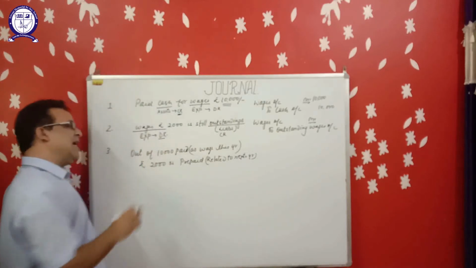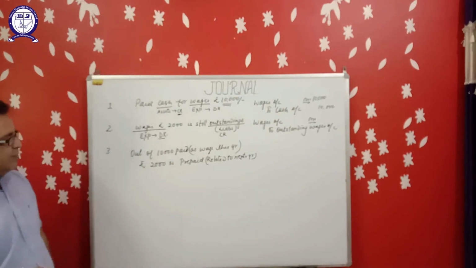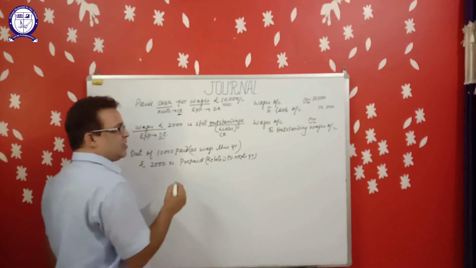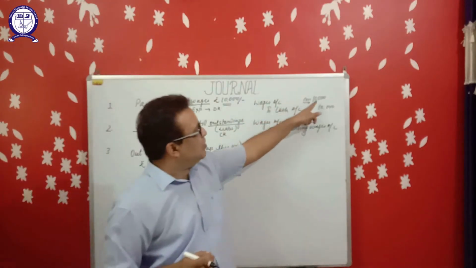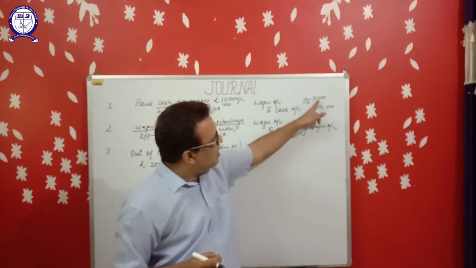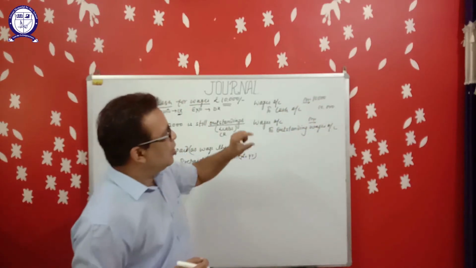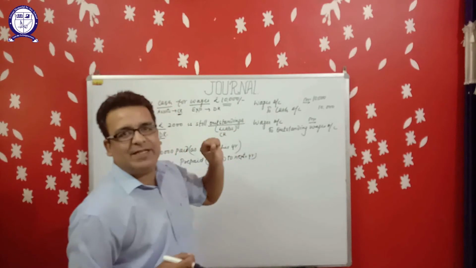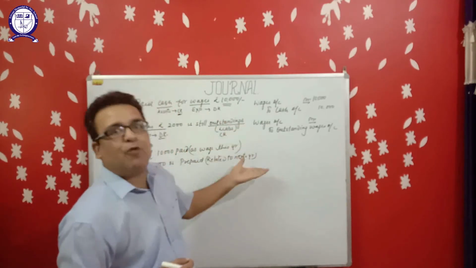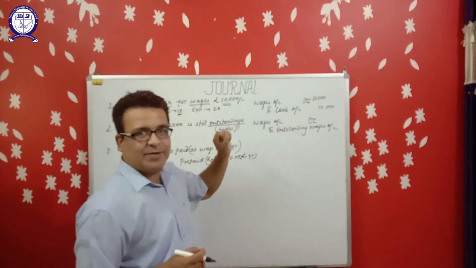So what will be the journal entry for prepaid wages? Suppose we have paid wages 10,000. Out of this 10,000, 2,000 is related to next year. That means 2,000 is prepaid wages. That is an asset for the business, not an expense.